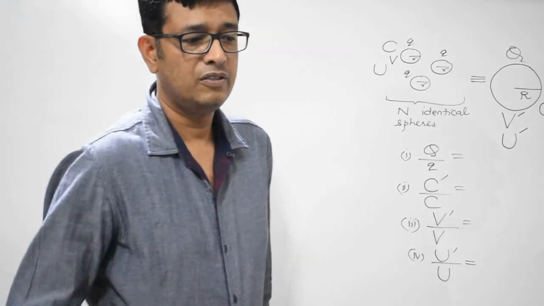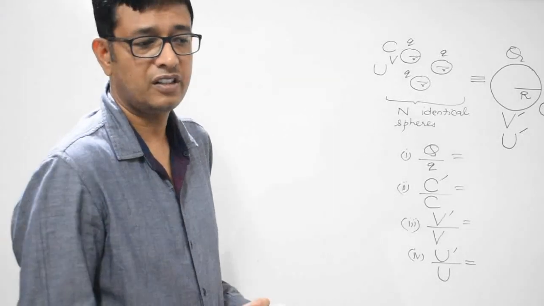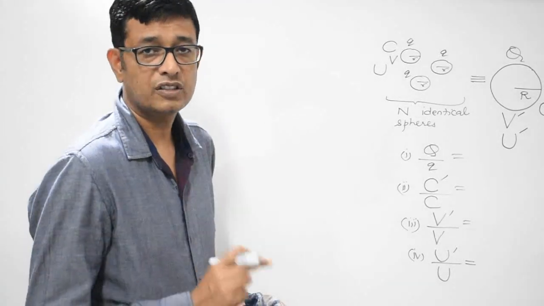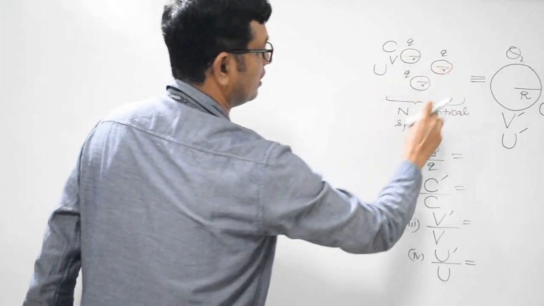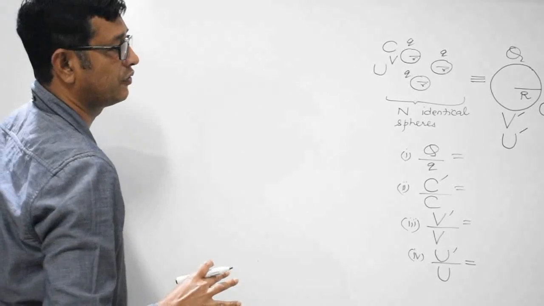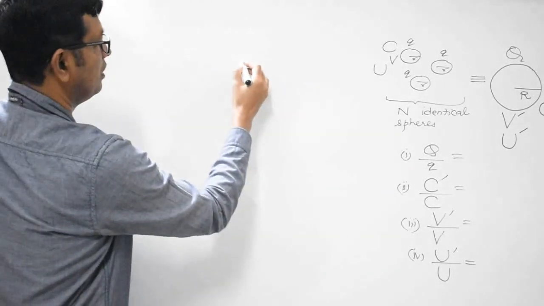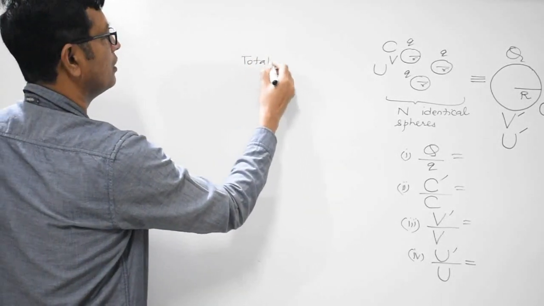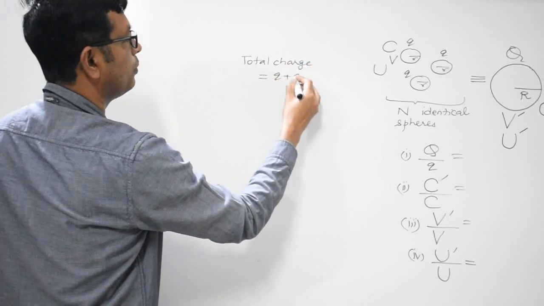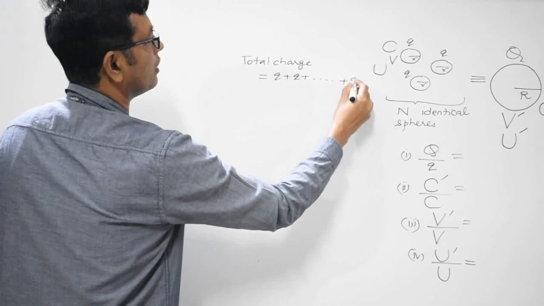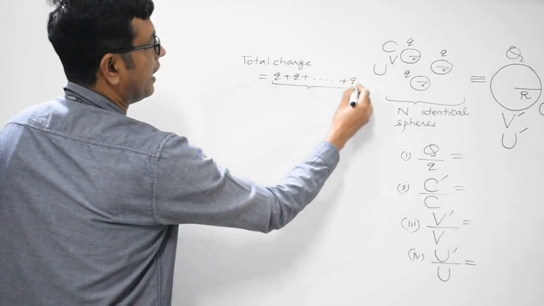You are aware charge is of additive nature, isn't it? And charge is conserved. So first and foremost, charge, obviously, if it is having n identical spheres, the total charge of the system would be equal to q plus q plus q, n times.